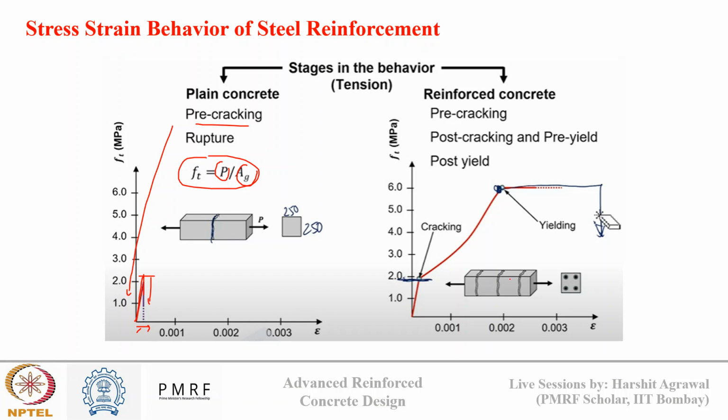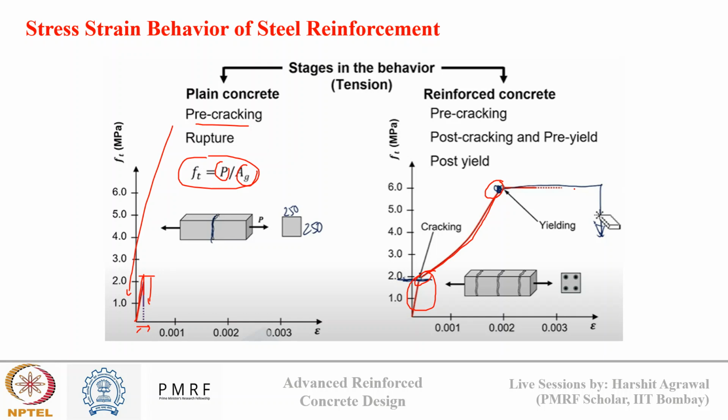On the right, in the reinforced concrete system, the reinforcement changes this picture completely. Here we can see there are three stages. The pre-cracking stage, where concrete carries most of the tensile load, while steel shares a small portion. Then post concrete cracking and pre yielding of steel, where cracks are formed in concrete but steel takes most of the tension while concrete just contributes to the bonding.